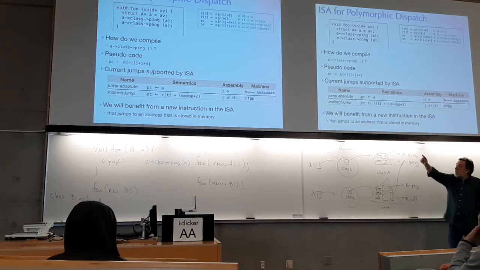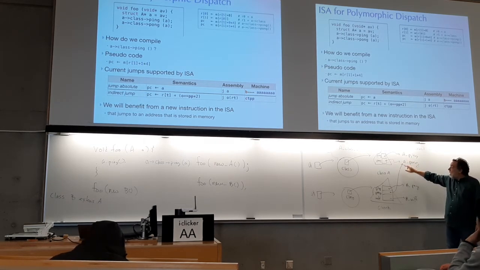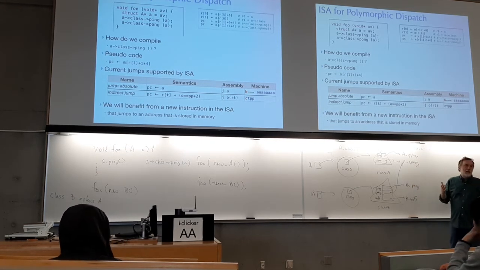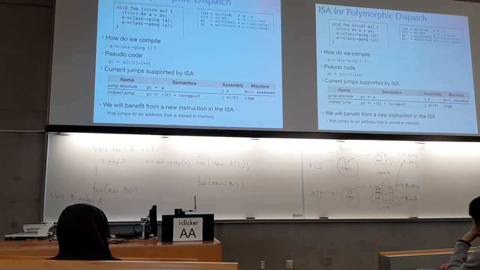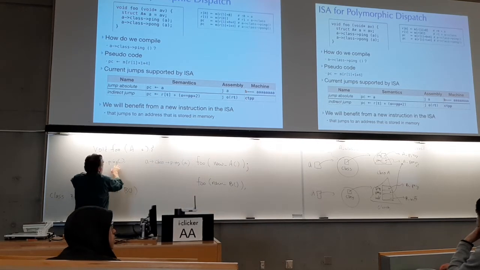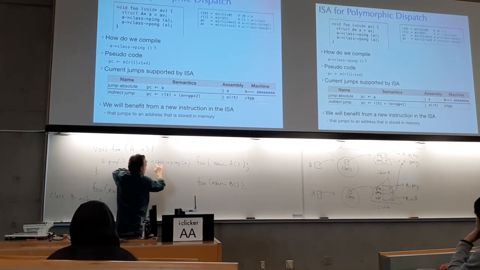We want this code that was compiled as if it had this, but now I can pass it something else and it'll execute a different version of ping. The other thing that's different is the syntax here: A.ping in Java, but I say A arrow class arrow.